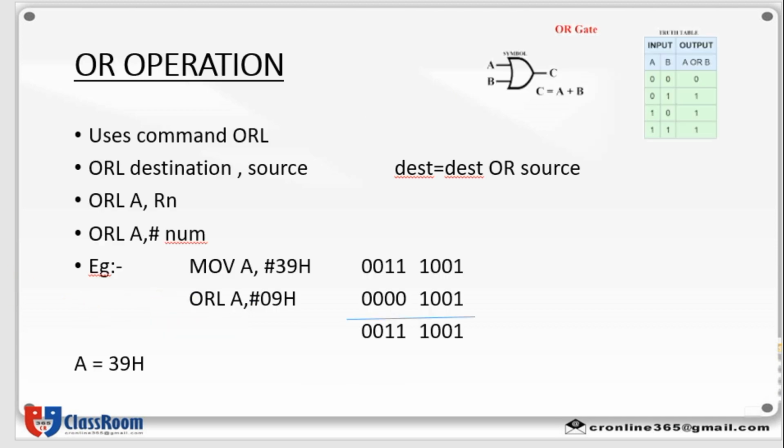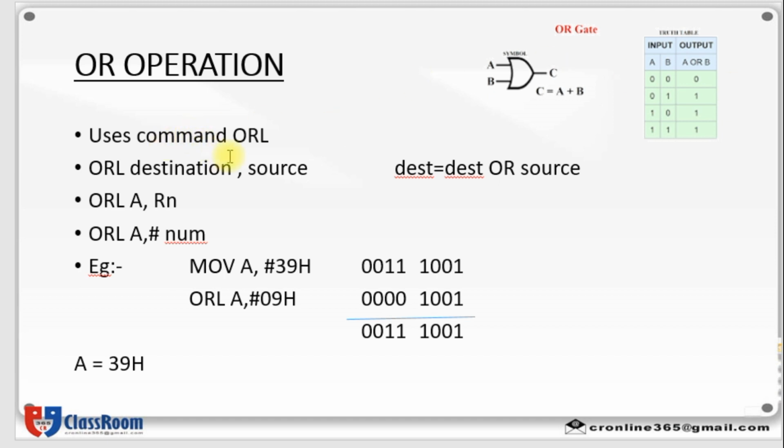Then, second logical operation is OR. This is the notation, the symbol for OR gate. For OR gate, for any input 1, output will be equal to 1. For all 0, output will be equal to 0. If there is 1 in an input, output will be equal to 1.